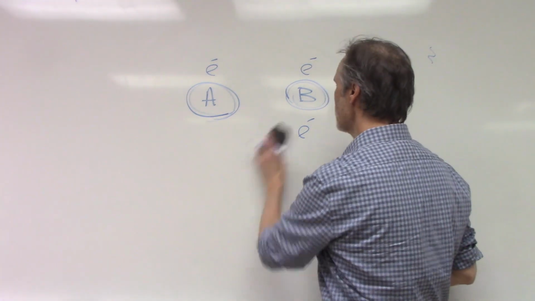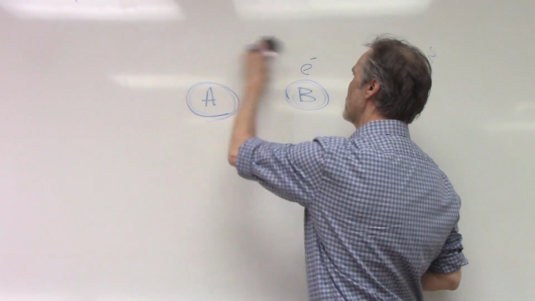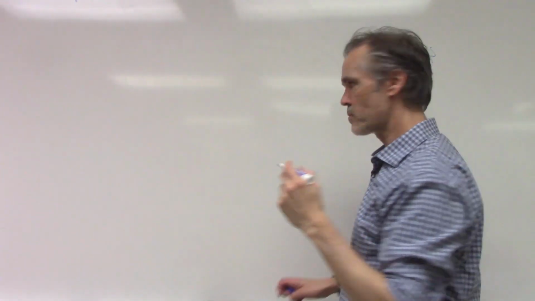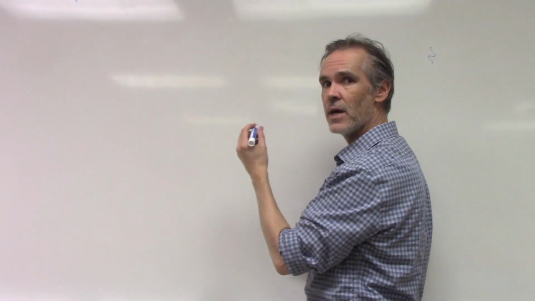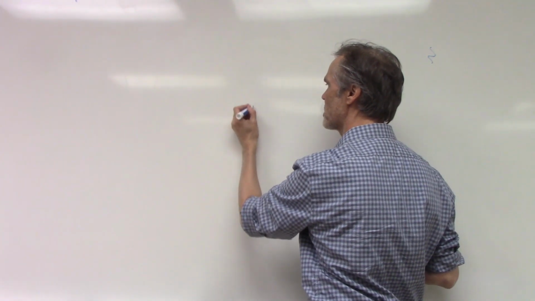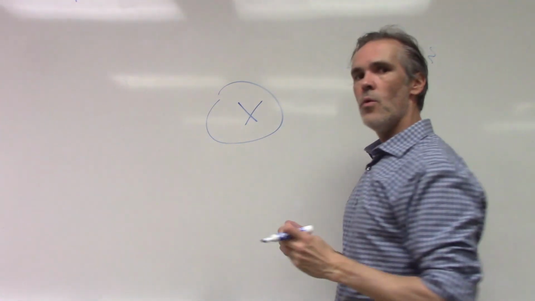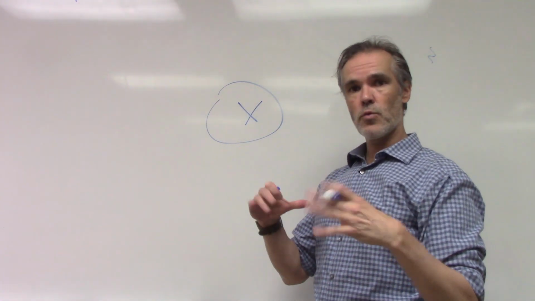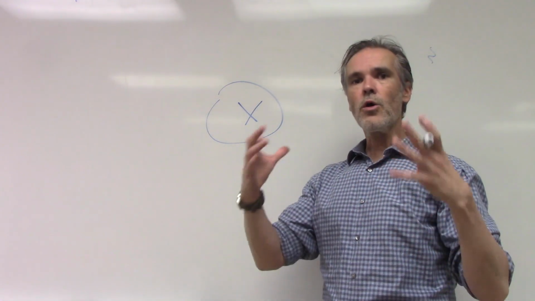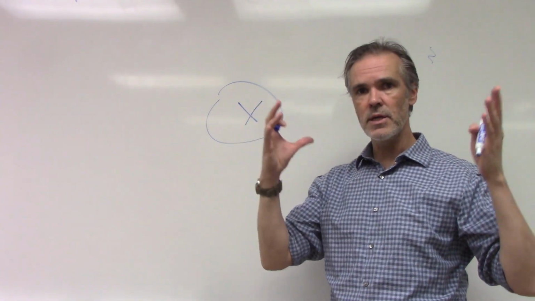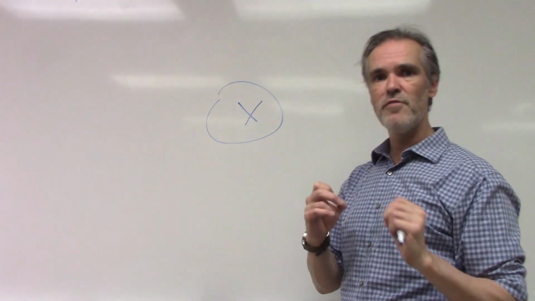Well, when we look at any atom, let's say atom X, the electrons around an atom are organized in a certain way. They occupy something that we call an orbital. We've been through this already.